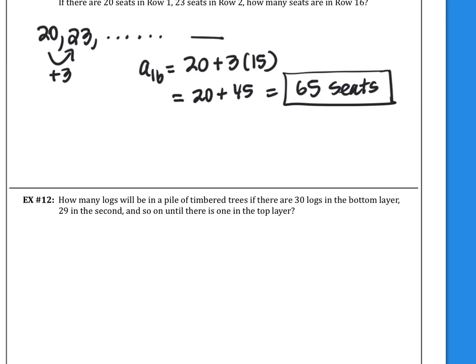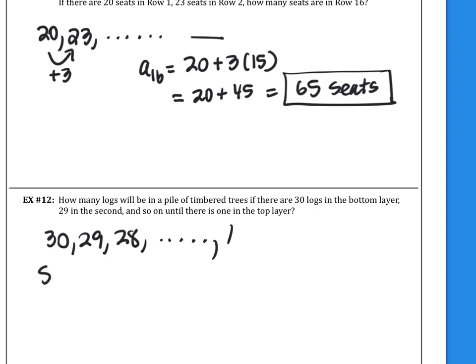And the last one here, how many logs will be in a pile of timbered trees if there are 30 logs in the bottom layer, 29 in the second, and so on until there's 1 in the top layer. All right, so we have 30, then 29, then 28, then all the way to 1, right? Okay, so we want how many logs are in a pile.